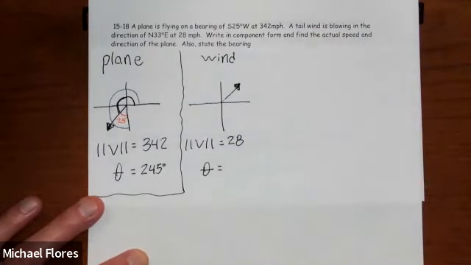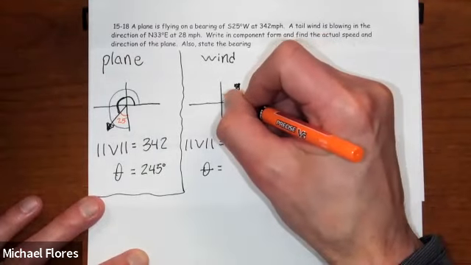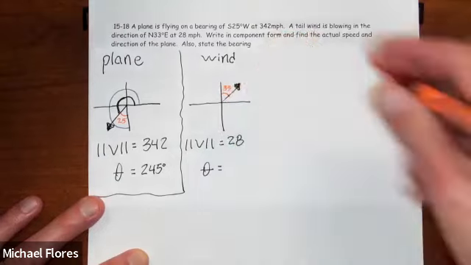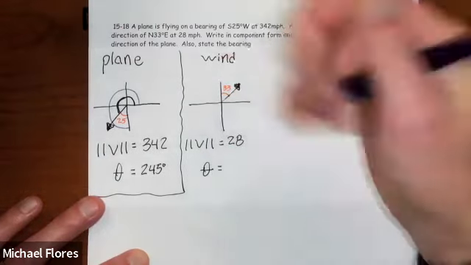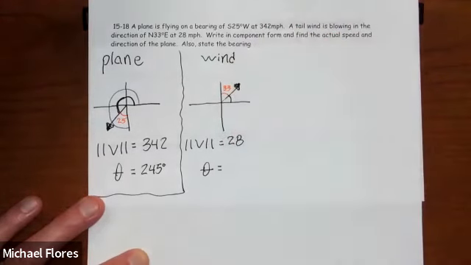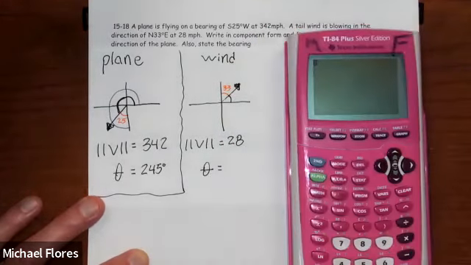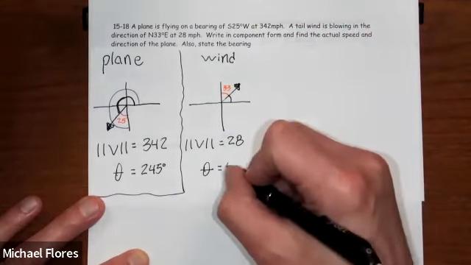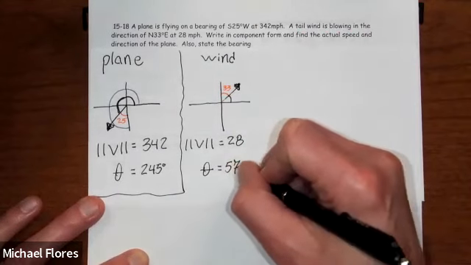And then draw our terminal ray. 33 degrees, that is that angle here. But we need the angle here. So you could do 90 minus 33 to get 57. That's the direction of the wind, 57 degrees.